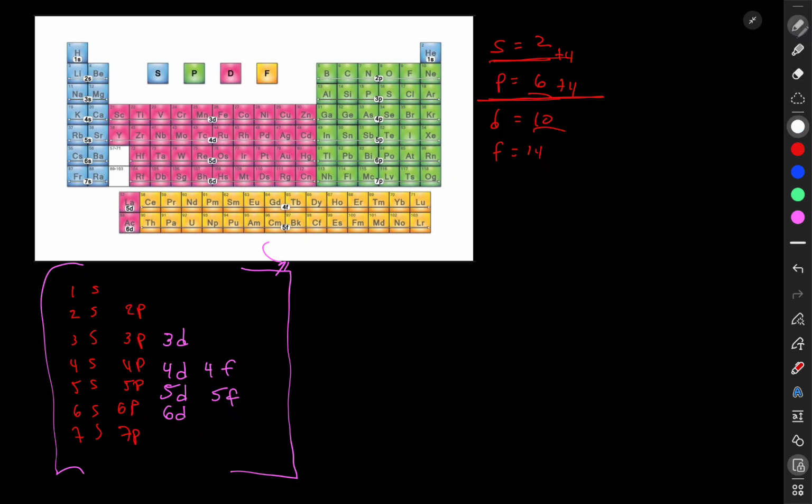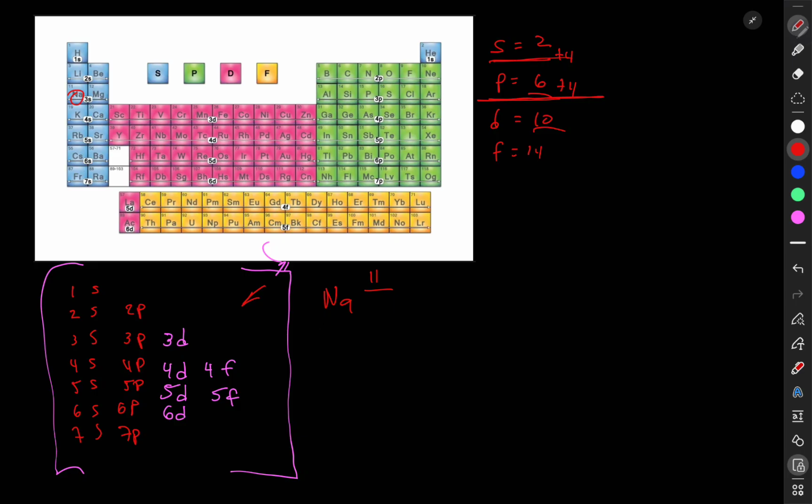Let's see, start with something easy. This is sodium. So let's say this is sodium. Let's say that you don't use the table, you use this chart here. How can you get to the configuration of sodium?